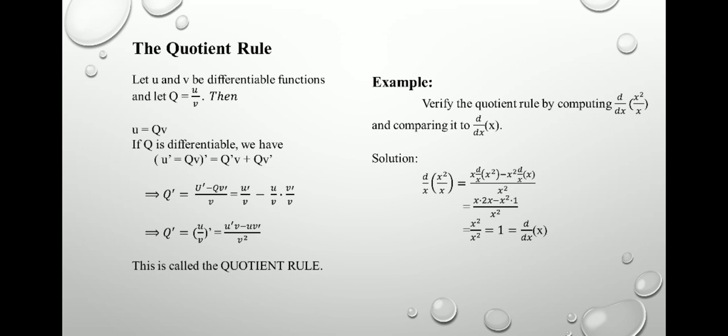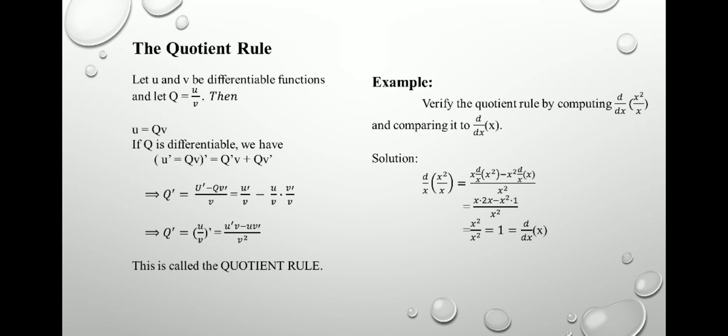If q is differentiable, we have u prime is equal to the quantity qv prime, which is equal to q prime v plus q v prime, where q prime is equal to u prime minus q v prime over v, or equal to u prime over v minus u over v times v prime over v. Q prime is equal to the quantity u over v prime, which is equal to u prime v minus uv prime over v squared. This is called the quotient rule.